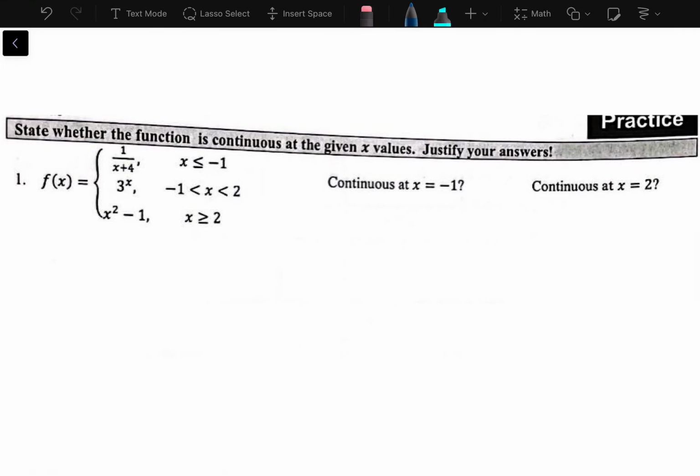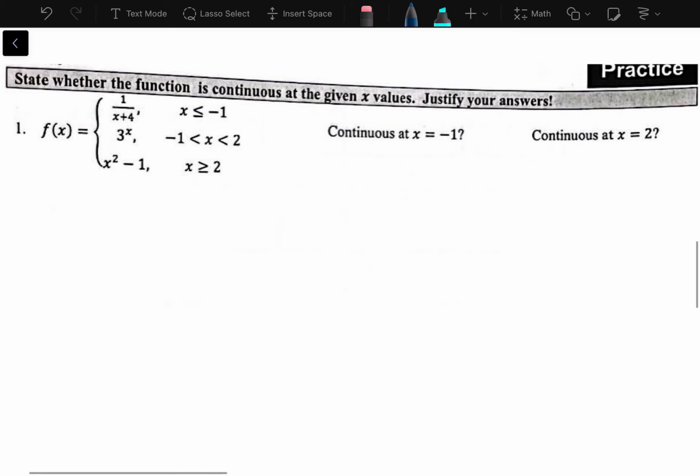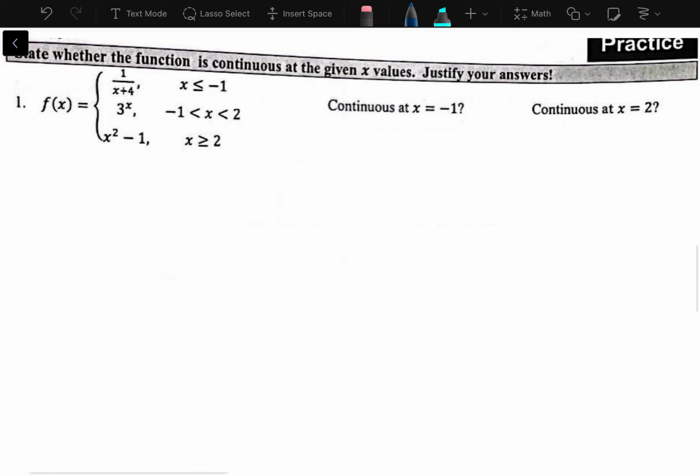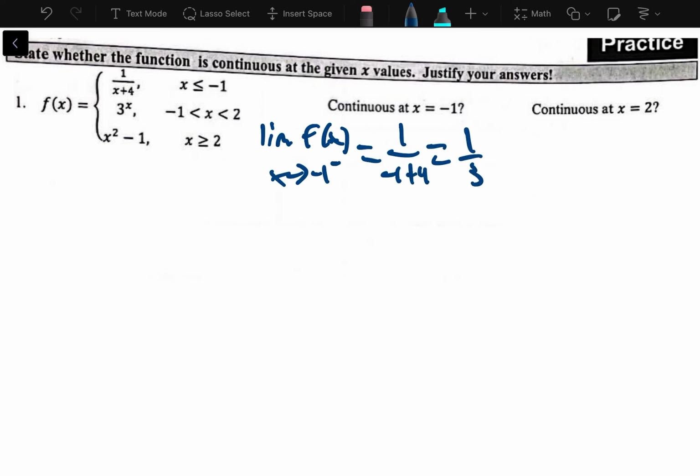This question asks us to state whether the function is continuous at the given x values and to justify our answers. Okay, so first, x is equal to negative 1. We can look at it from the negative side. The limit of f of x as x approaches negative 1 from the left equals 1 over negative 1 plus 4, which is equal to 1/3.